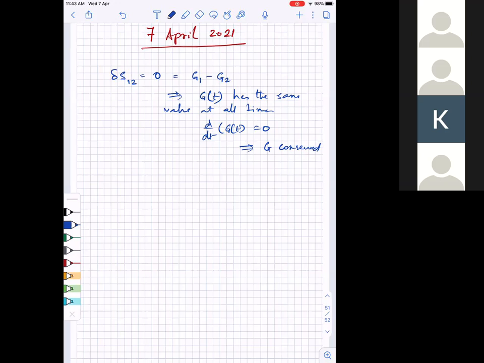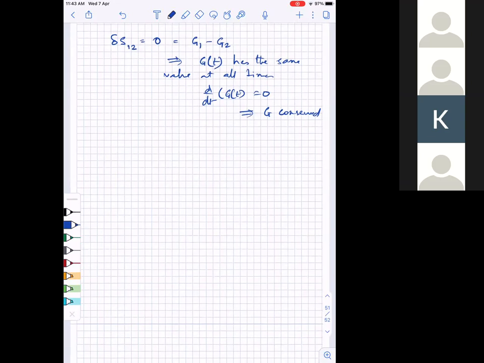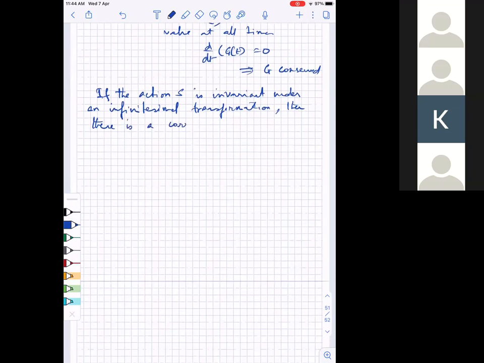It says: if the action S is invariant under an infinitesimal transformation, then there is a corresponding conservation law, and vice versa.